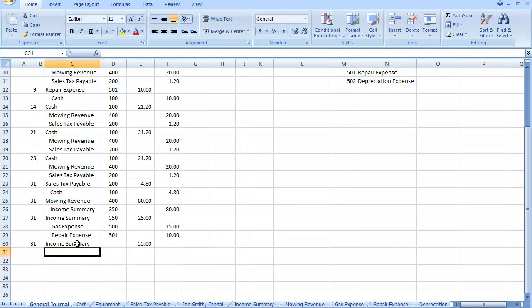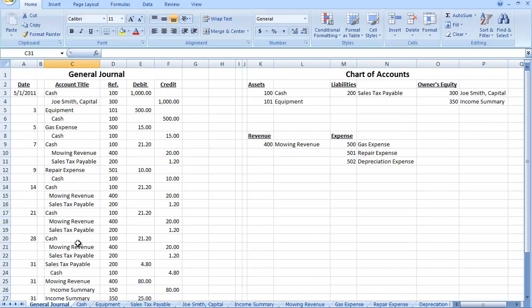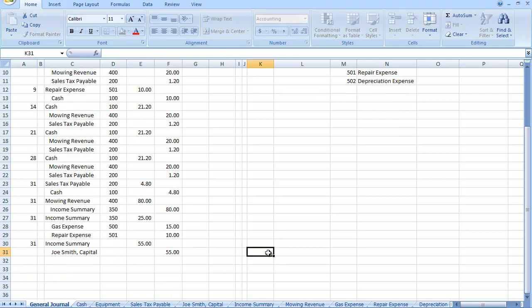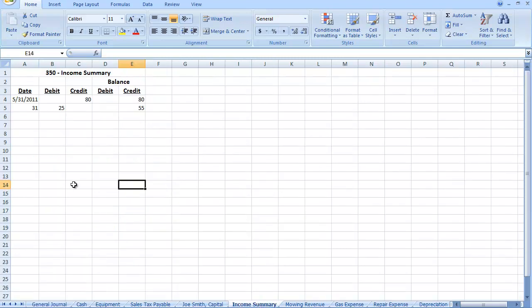And our other account that we were talking about was going to be the Joe Smith Capital account. So we type in Joe Smith Capital. We do it for the exact same amount, $55. So now we'll post these to the general ledger. So income summary on the 31st, we debited for $55. So now this should equal 0.